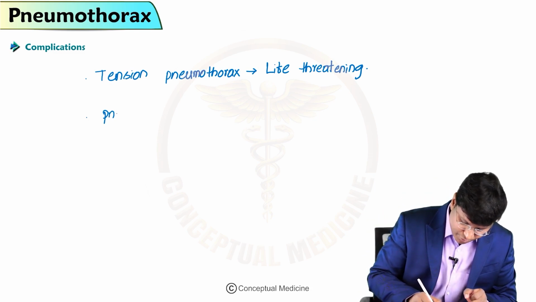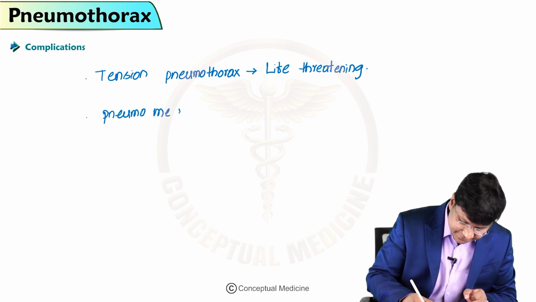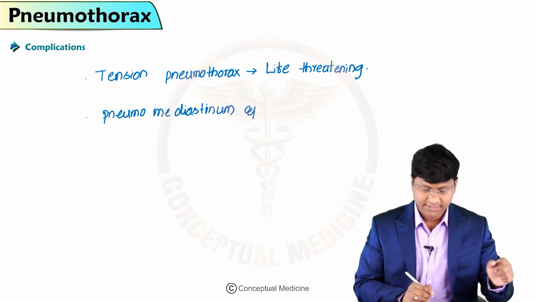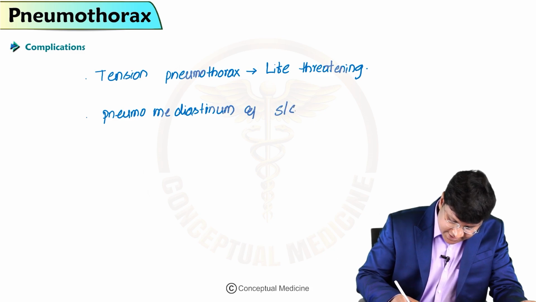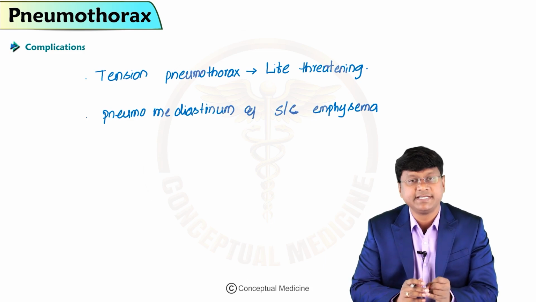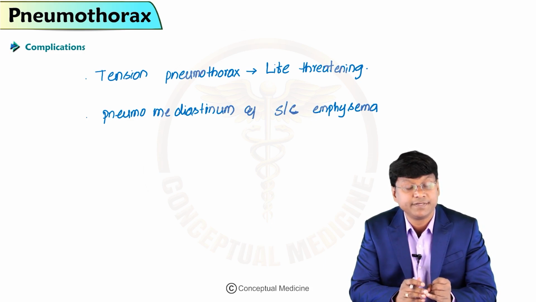In pneumomediastinum, pneumo is air, and the mediastinum is the part which is present between the two lungs. So there can be accumulation of air within the mediastinum, and there can be development of subcutaneous emphysema. Both of them may occur as a complication of spontaneous pneumothorax.